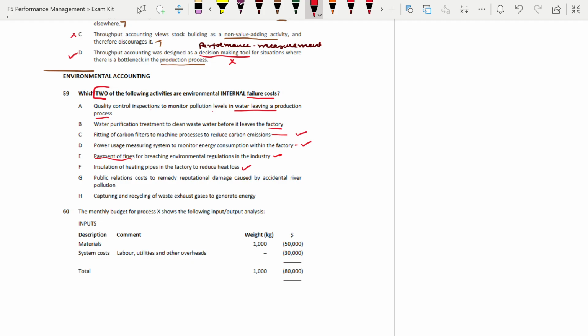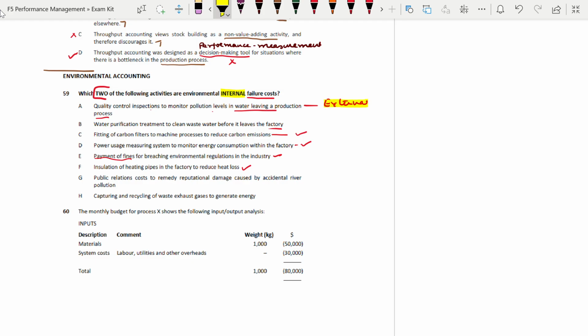They are talking about internal. This is external. Why is this external? Leaving the production process. We have to know which is internal and which is external.